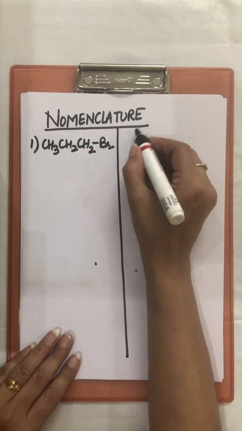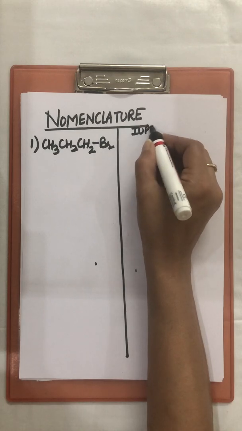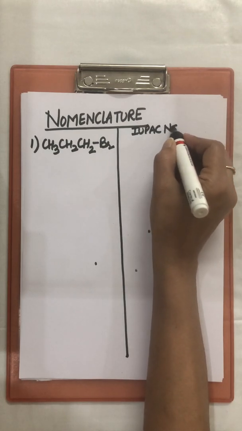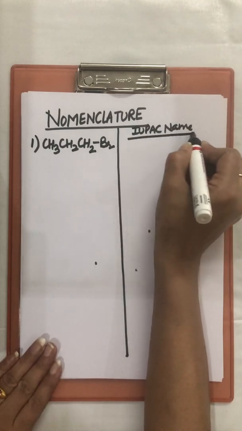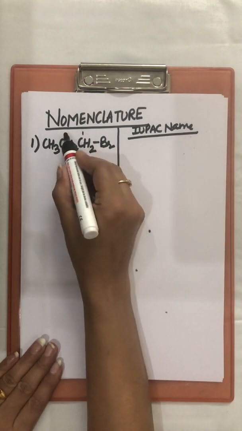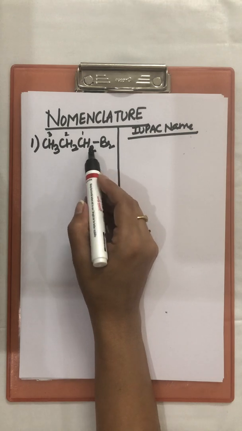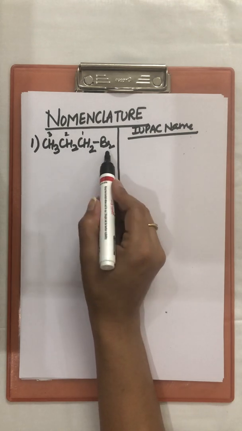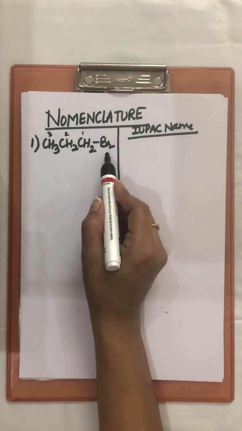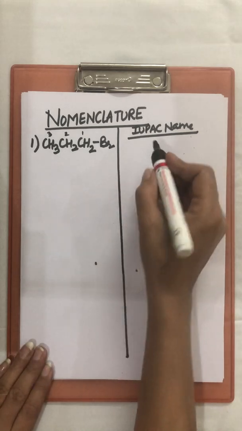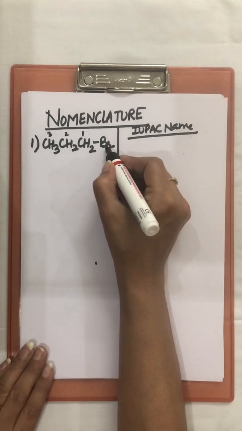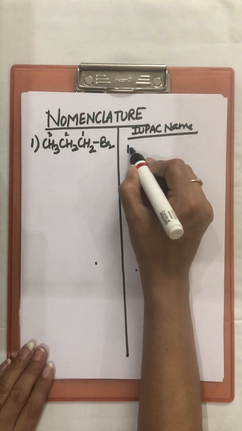Now IUPAC name of this compound. Numbering, we start from the carbon atom which has halogen. So there are three carbon atoms here. First we write the name of the substituent, that is the Br. So with first carbon Br is linking.